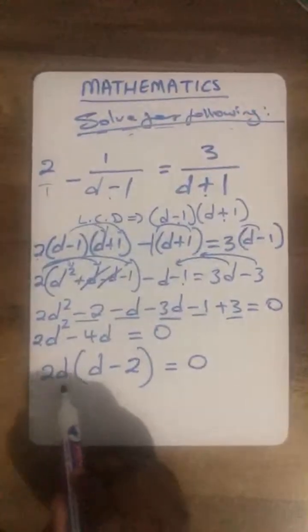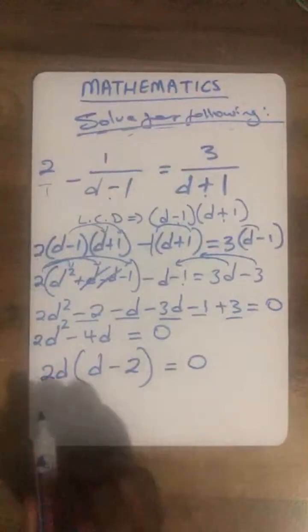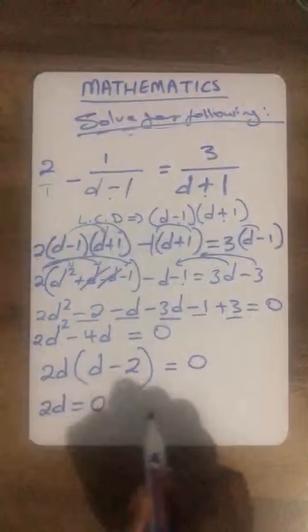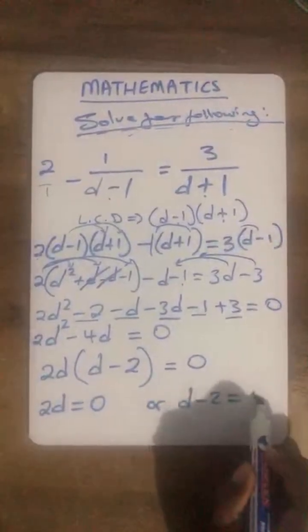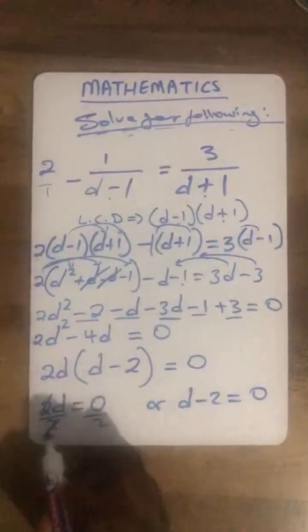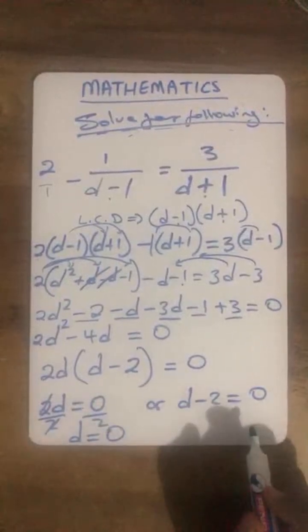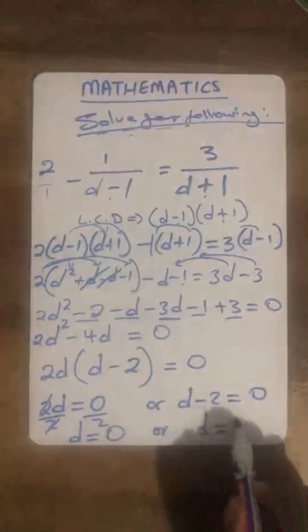So that when you say this times that, it gives you that, this times that, it gives you that. So that means you have 2D, which is equals to 0, or you have D minus 2, which is equals to 0. So here divide by 2, so that cancels with that. That means D is equals to 0. And then here, still have your D is equals to 2.